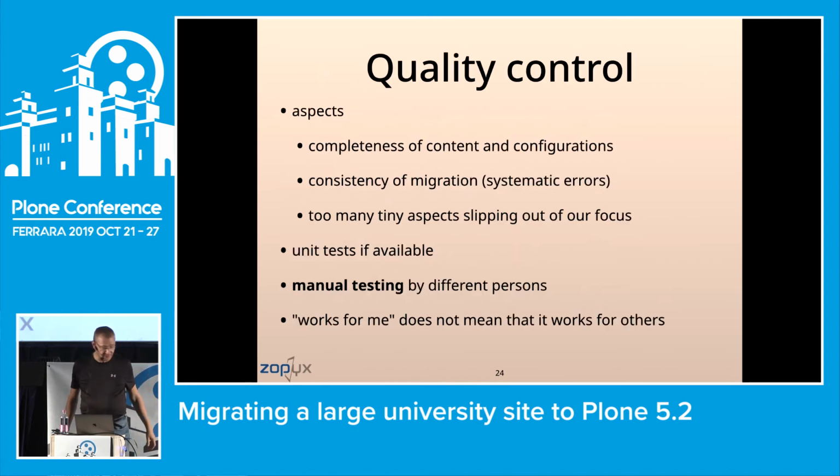Let's talk about quality control. This has multiple aspects. One is basically consistency of your content and configurations. We want all the properties from your old Archetypes content to exist one-to-one in your new Dexterity content. That's basically looking at the old content, looking at the new content, and figuring out if there's something missing.